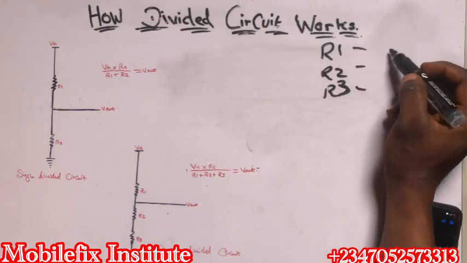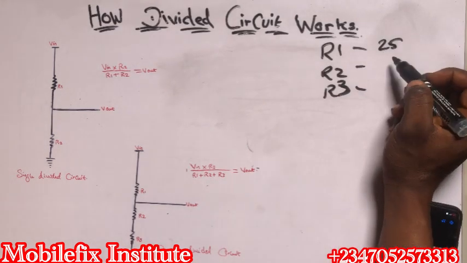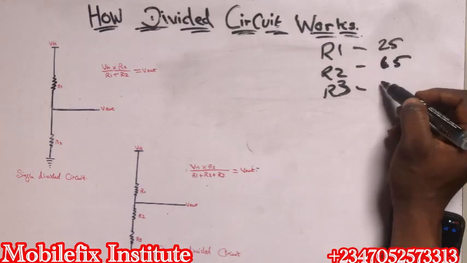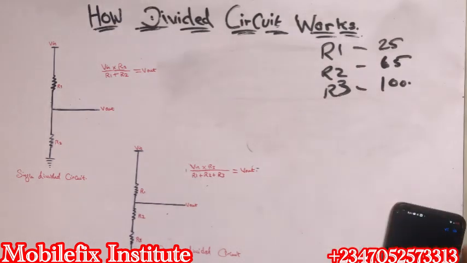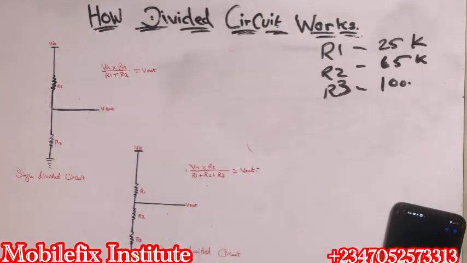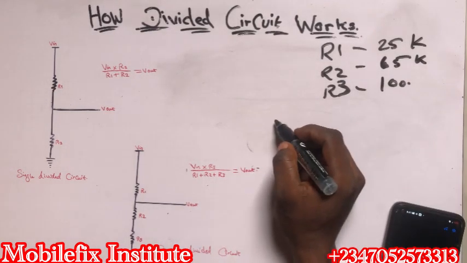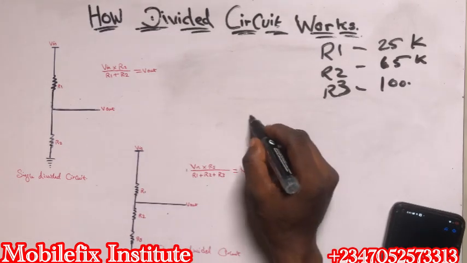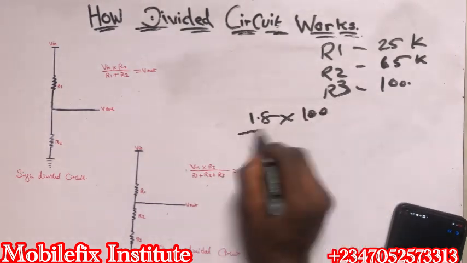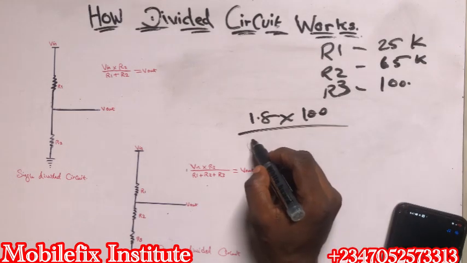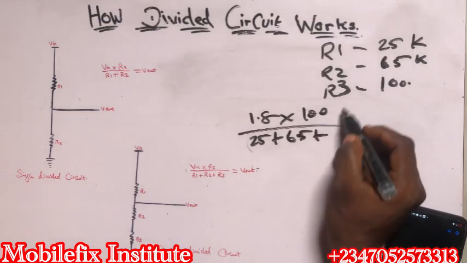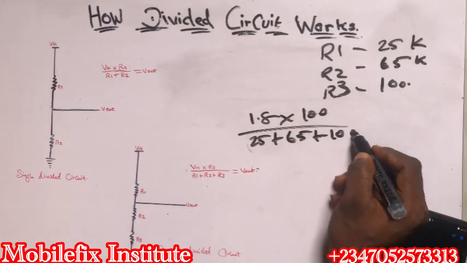Let's say our R1 is 25k, our R2 is 65k, then our R3 is 100 ohms. Okay, 100 ohms. This one is K, this one is K, this one is ohms. So our formula should be, let's take our input voltage as 1.8 times our R3, 100 ohms, divided by R1, 25, plus R2, 65, plus R3, 100 ohms.